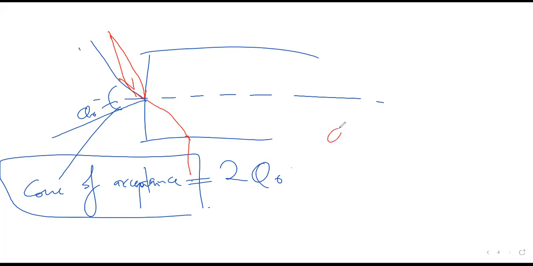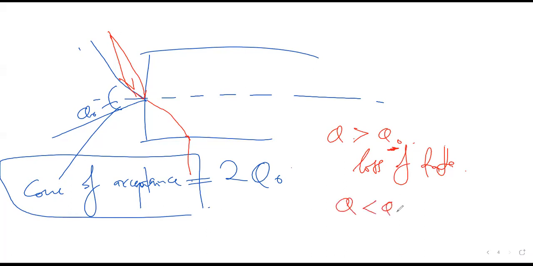So if theta is greater than theta 0, where theta 0 is the angle of acceptance, light is refracted. Light refraction has huge consequences. You have loss of data. So you need to launch your light within this angle of acceptance, theta 0.